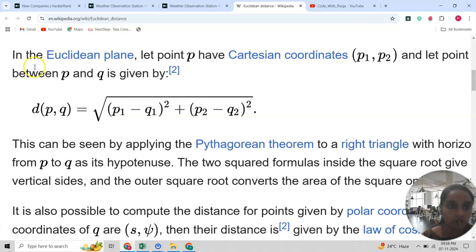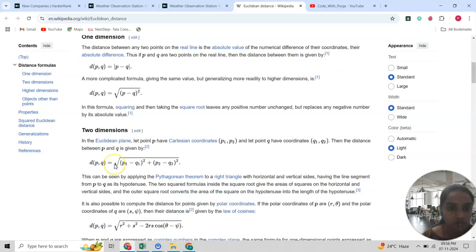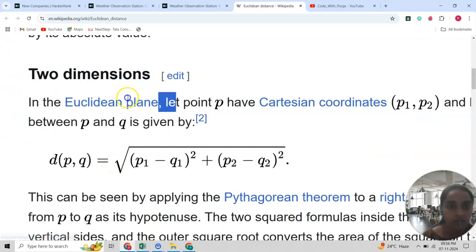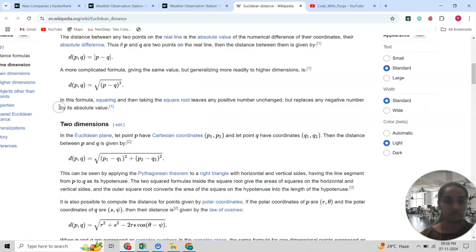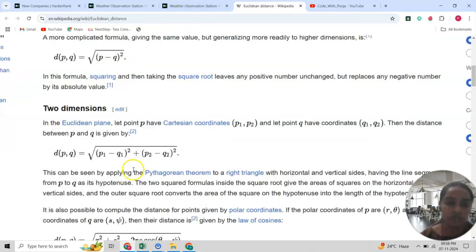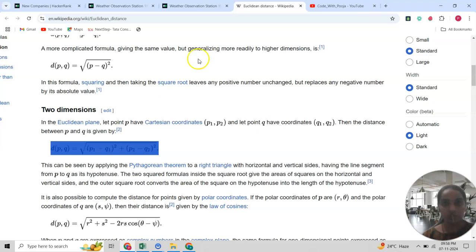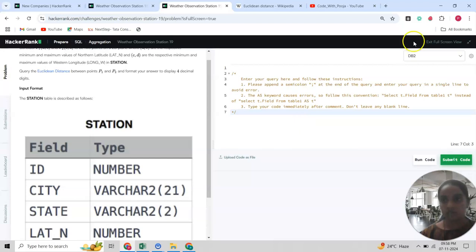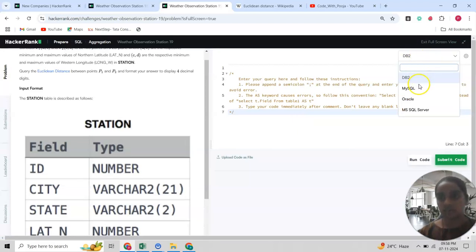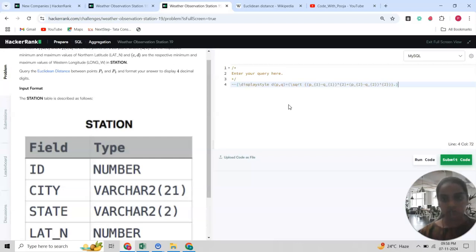That is the Euclidean distance on a plane. Okay, I will copy it and put it in the weather observation, so I will take it as a reference and comment it down.